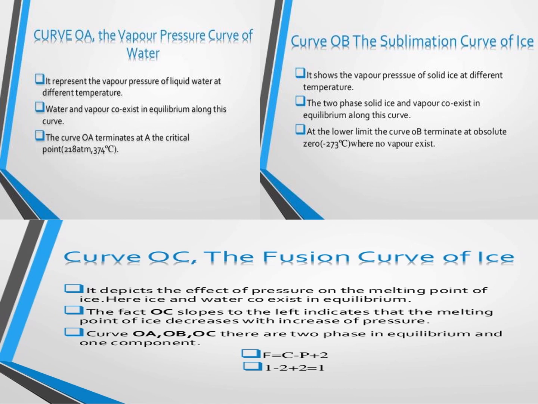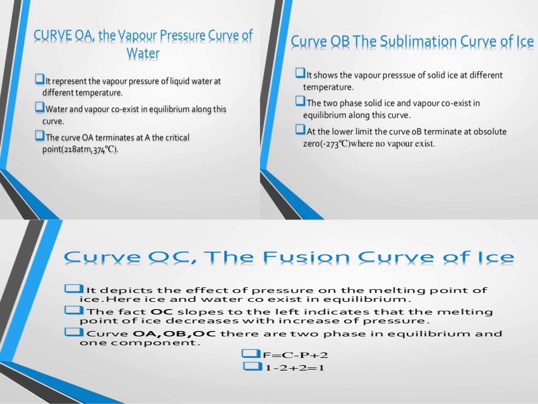Curve OB is the sublimation curve of ice. It shows the vapor pressure of solid ice at different temperatures. The two phases, solid ice and vapor, coexist in equilibrium along this curve. At the lower limit, the curve OB terminates at absolute zero, minus 273 degrees Celsius, where no vapor exists.